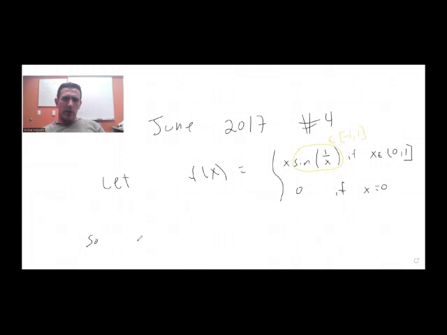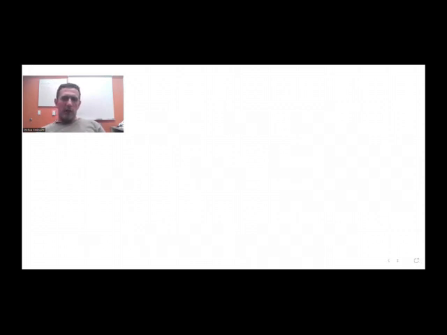So f is continuous on 0 to 1. Nothing really there. It's continuous on the half-open interval (0, 1], and directly you can check continuity at x equals 0.